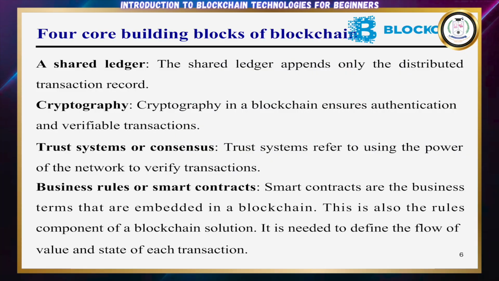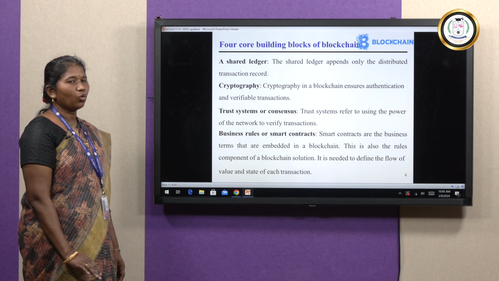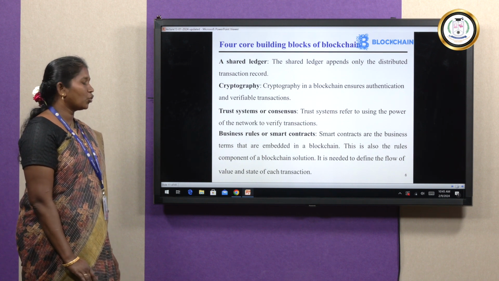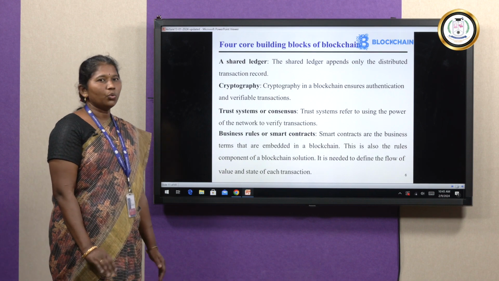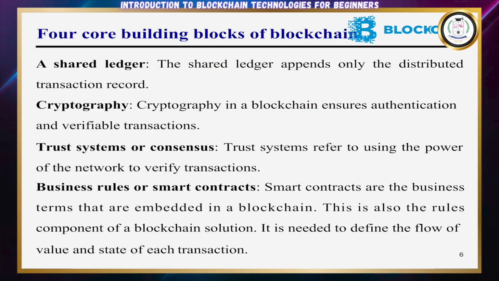And last one, smart contract, is related to business applications. You can embed your contracts into systematic code. Here we can create the rules and regulations. After that, when the condition is satisfied, it will be automatically executed in the network environment.